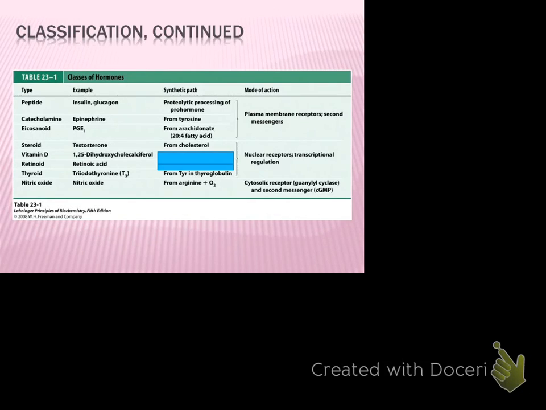We have vitamin D type hormones, and the example for that one is 1,25-dihydroxycholecalciferol. And its synthetic pathway, where does it come from?